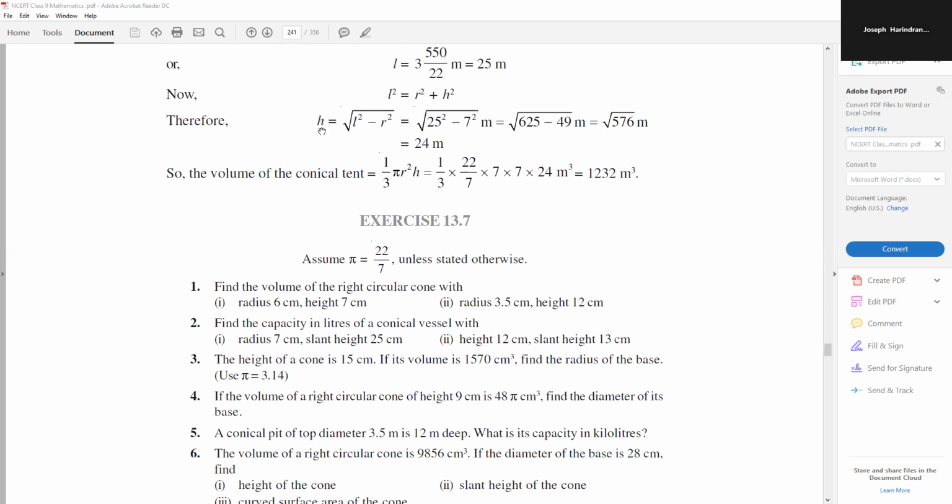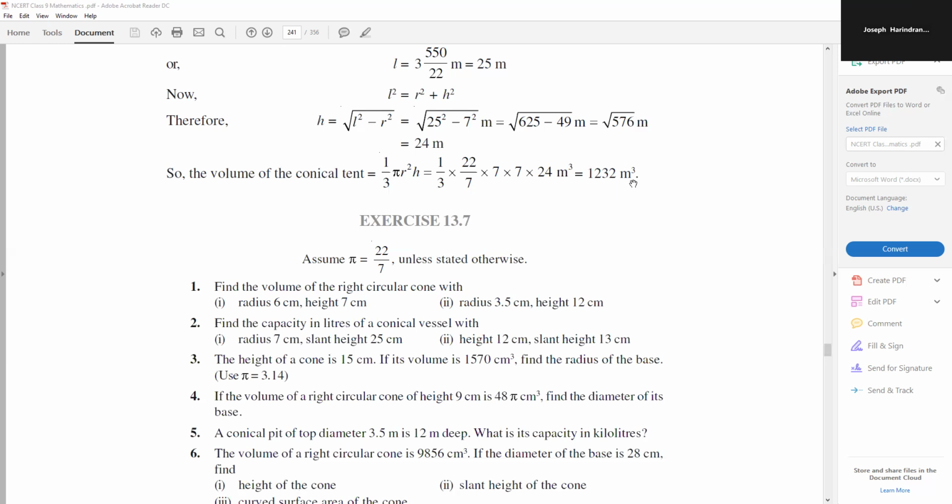We can get h from here, because we need h for the volume, the vertical height. h is equal to root of L squared minus r squared, and thereby we get root of 576, which is nothing but 24 meters. Then use this h in the formula 1 by 3 pi r squared h to calculate the volume.